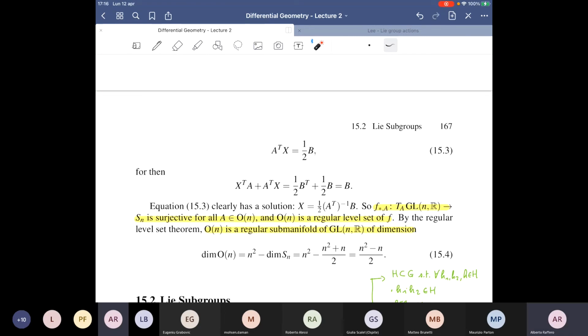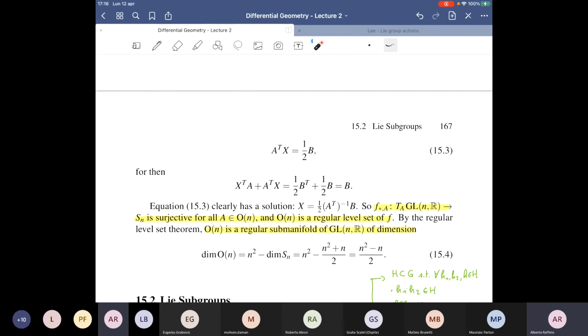And this tells you in particular, so we saw two examples, actually three examples of Lie groups that are all matrix groups: the general linear group, the special linear group, and the orthogonal group. And in two cases, we saw that we got some embedded submanifolds, which are the special linear group and the orthogonal group.